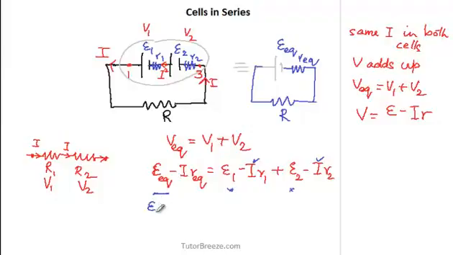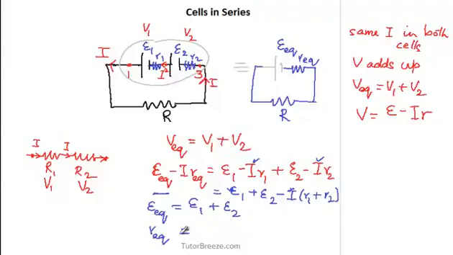So we would get E equivalent equal to E1 plus E2, and R equivalent would be, if I just rearrange this and write this as E1 plus E2 minus I times R1 plus R2. So R equivalent would be R1 plus R2.